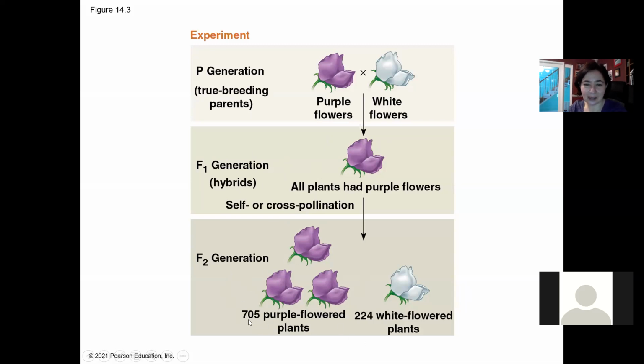So two hybrids crossed. What he got was a bunch of flowers. How many exactly? 705 plus 224, it was 929. Can you imagine 929 flowers to count and select by color? And he found that 705 were purple and 224 were white, which means that somehow the white trait didn't entirely disappear in the hybrids, right?